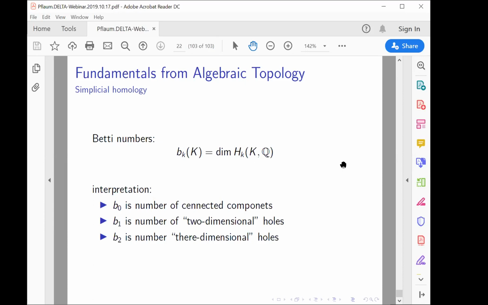So it's more the other way around: if you have two spaces having different Betti numbers, you know they cannot be homotopic or homeomorphic. But you cannot conclude the other way around. If two spaces have the same Betti numbers, you cannot conclude that they are homeomorphic or homotopic. This would be amazing if one could get that, but that's not possible.